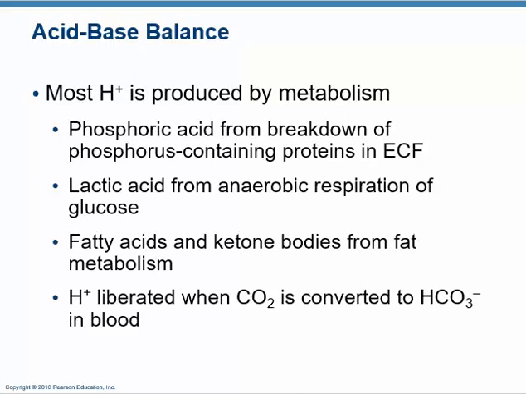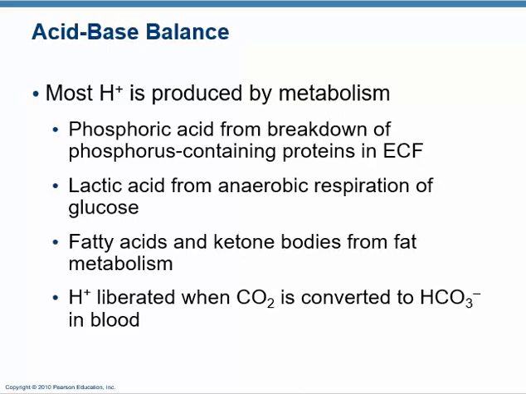So pH is really a measure of how many hydrogen ions there are. Most of the hydrogen comes from metabolism, from lactic acid, from fatty acids, and from carbon dioxide.